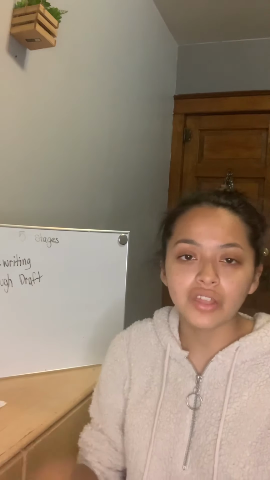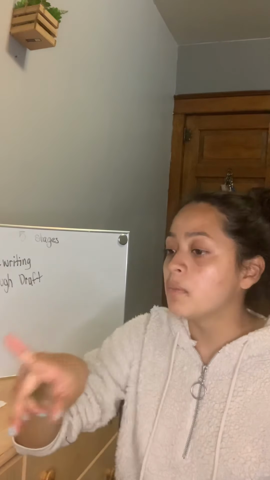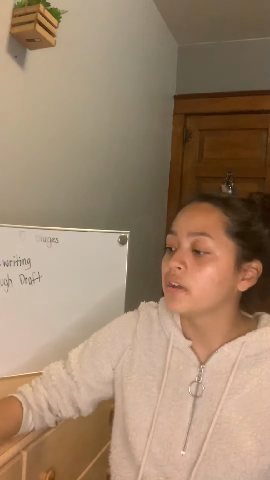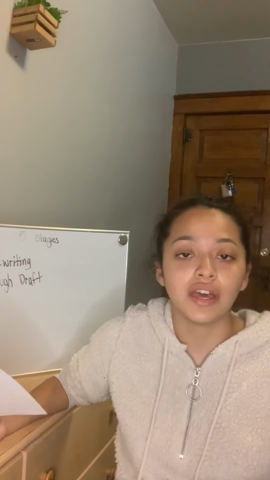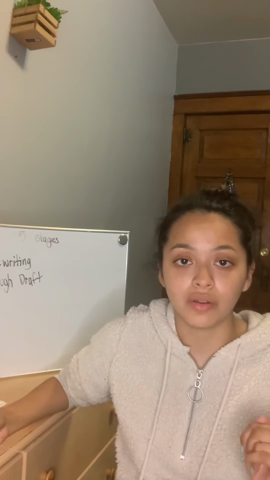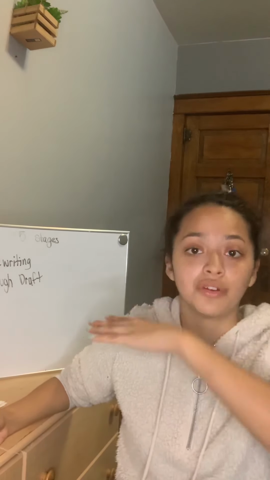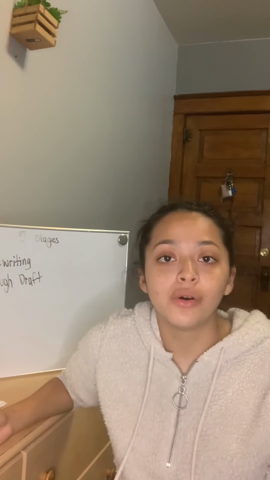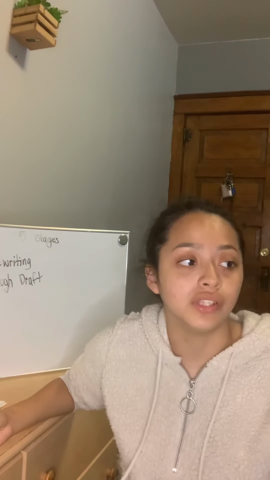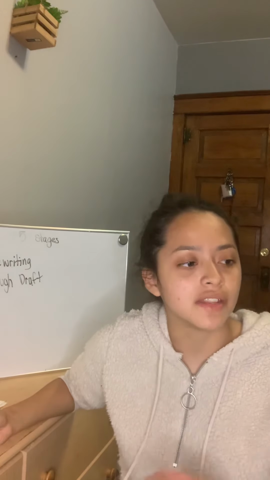Okay, so here are some rough draft rules. Please take a look at the paper I've handed out. They have a few rules that you should always remember when you're in the second stage. So write in pencil on one side only. Why should we write in pencil?